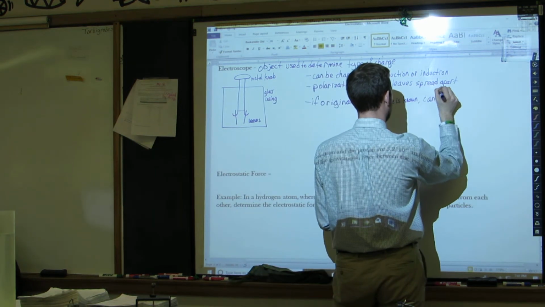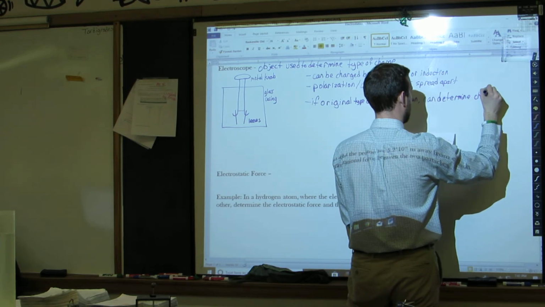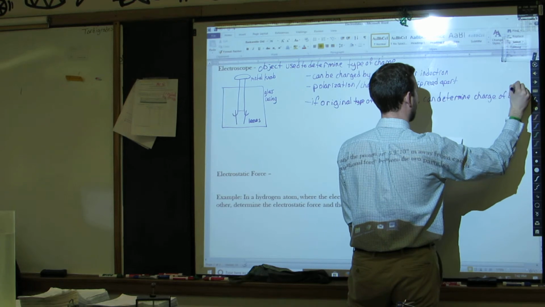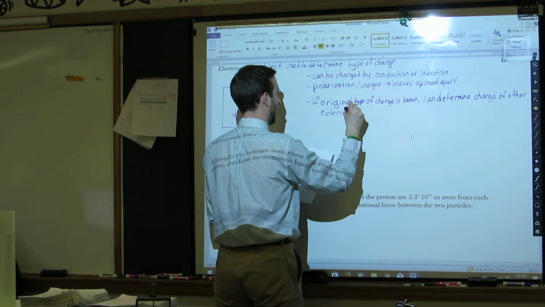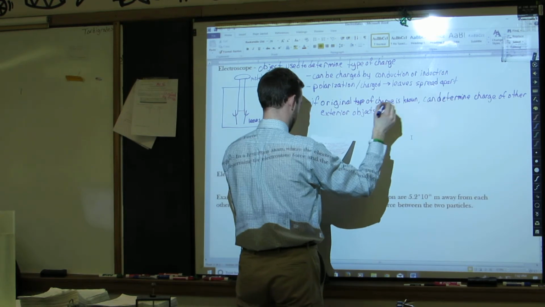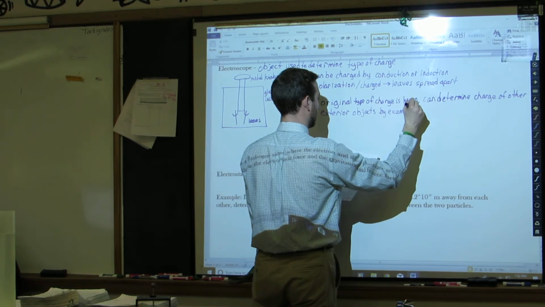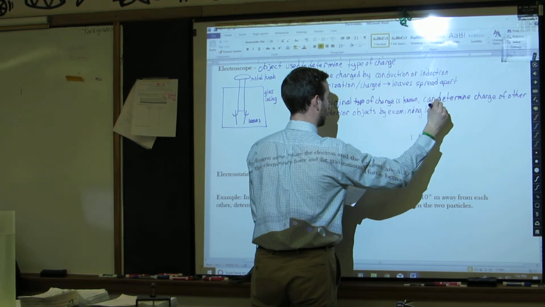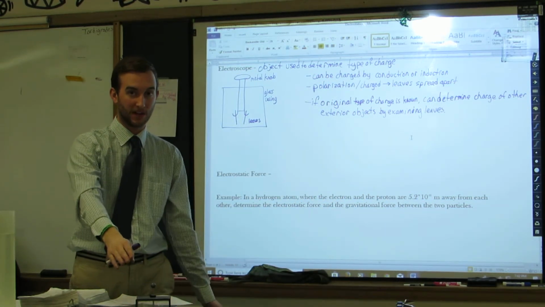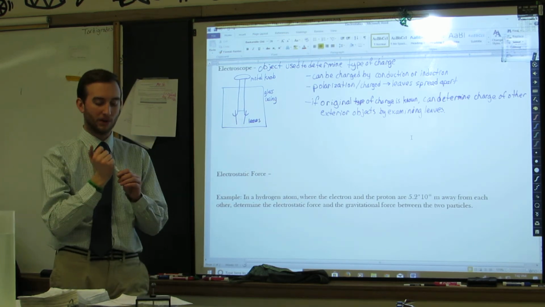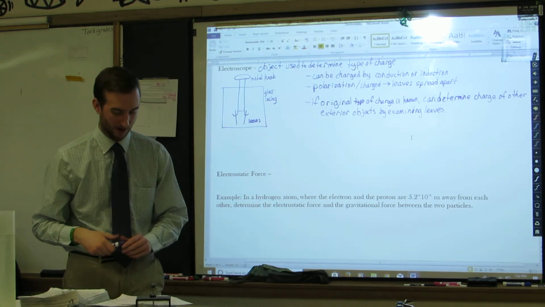So you can determine the charge of other exterior objects by examining the leaves. Okay? So you have to know what type of charge is on here to begin with, which isn't too hard to do, but then, once you know that, you can determine if other objects are positive or negative by bringing them near the electroscope and observing what happens.